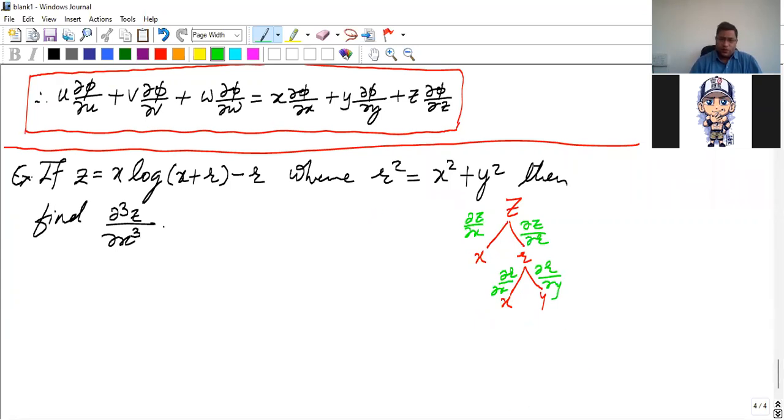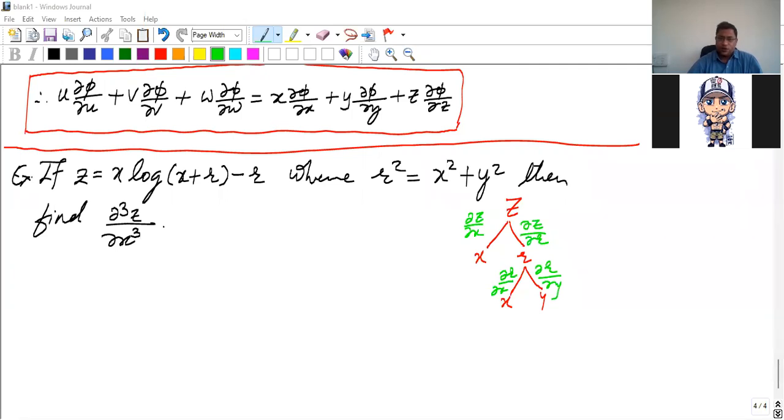Once you are sure with the variable tree, we have to find the derivative of r with respect to x, and then the derivative of z with respect to r. So we can directly find the derivative of this function with respect to x. As we know, z is going to be a function of x and y, so we have to find the partial derivative.